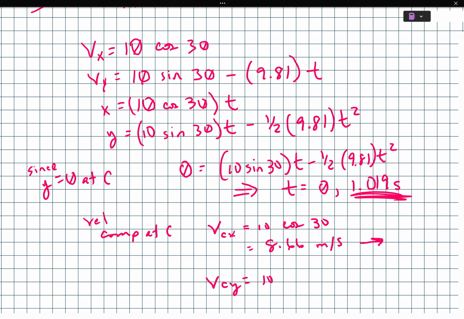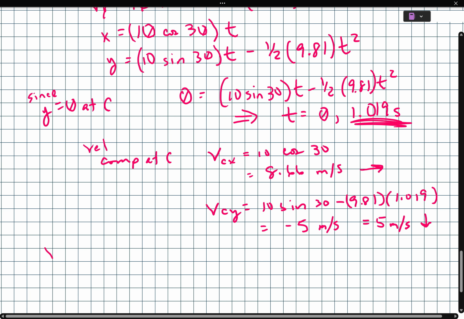V_Cy is 10 sine 30, minus the 9.81 times 1.019 that we just found, and that's going to get us negative 5 meters per second, or we could just say 5 meters per second in that vertical direction.